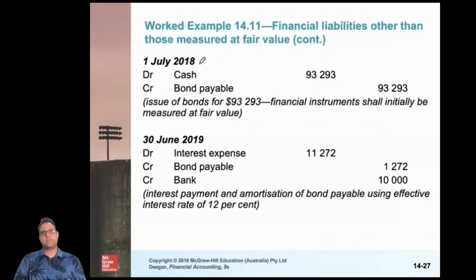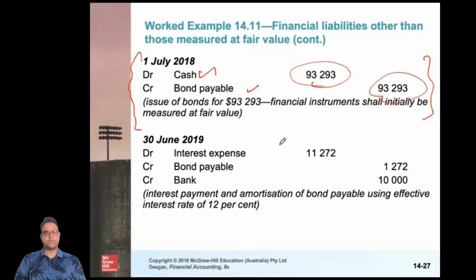So the question requirement is how we're going to record the bond liability. The moment we receive this bond as a financial liability, first we get cash with a bond payable. And again, we record it at the fair market value rather than the face value of that bond, because this is the nature of financial liabilities or any financial instrument, that we have to record it at fair market value.